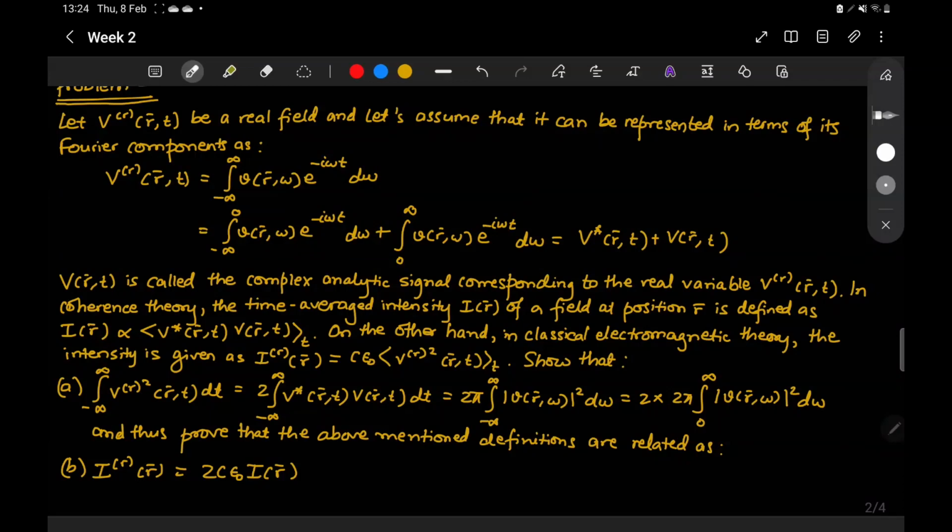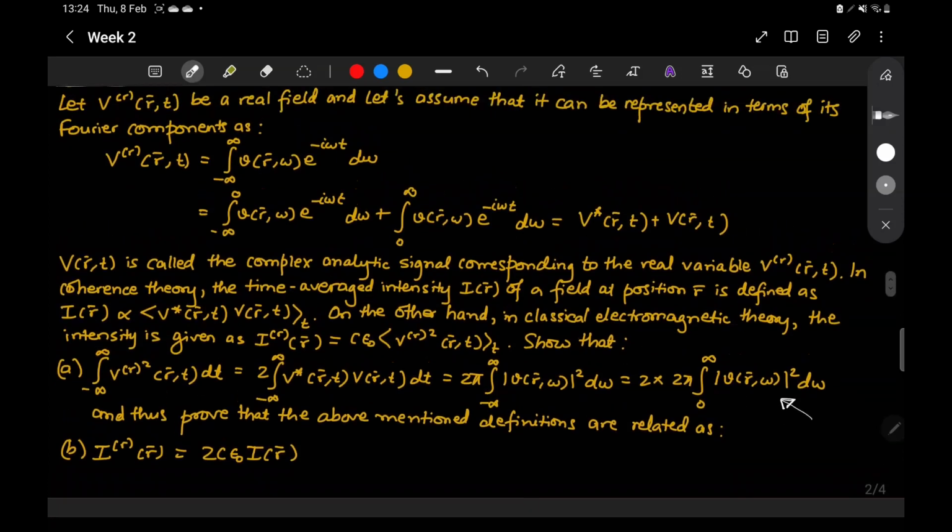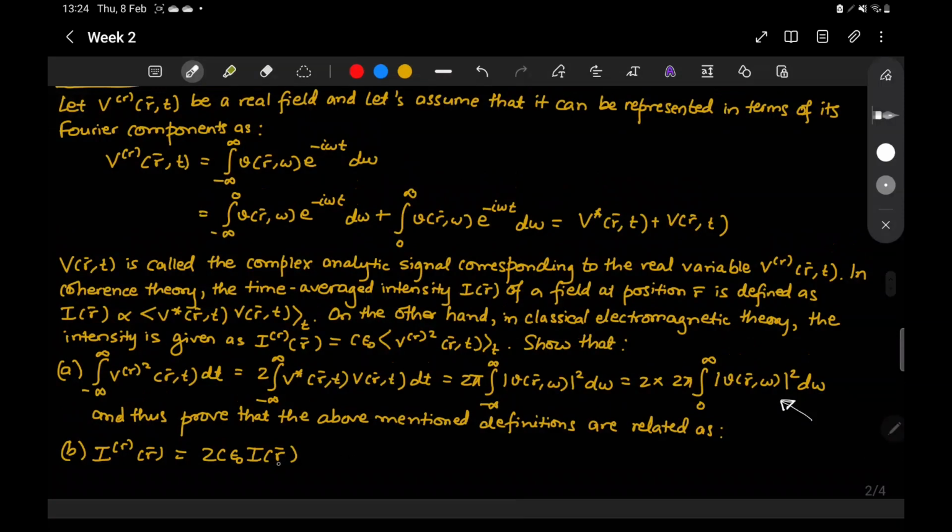So we are just supposed to prove this statement, which involves the real field over here, the complex analytic signal part, the V star V, the Fourier components over here and here. And then finally we are supposed to see how the intensities are related.